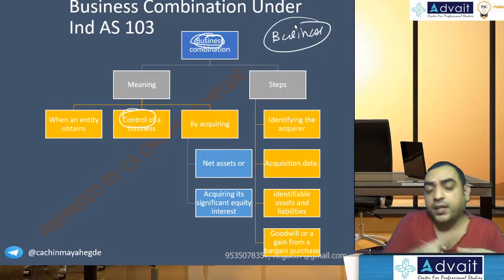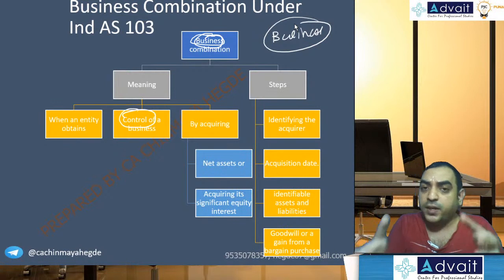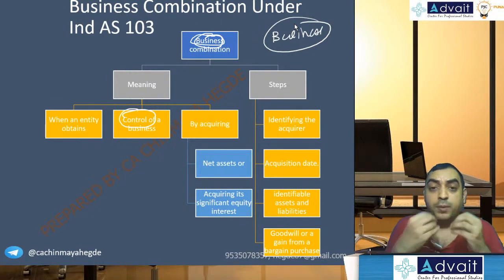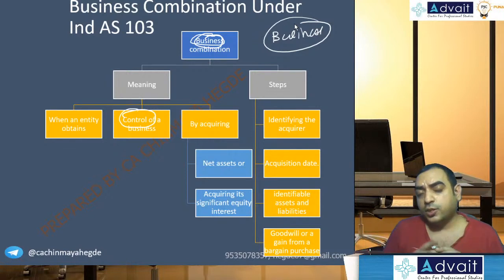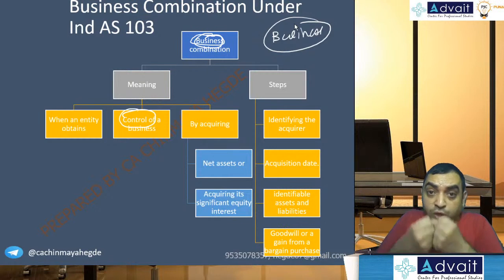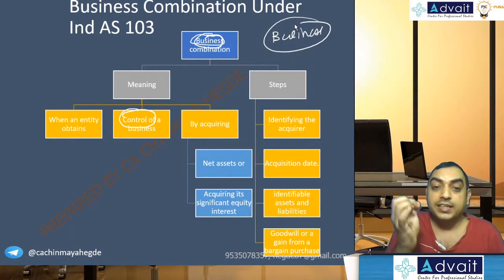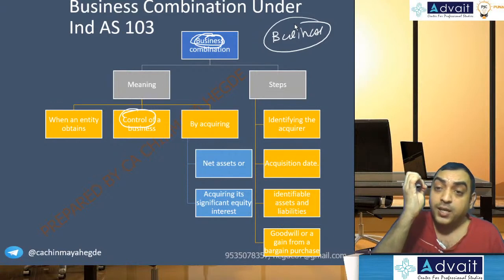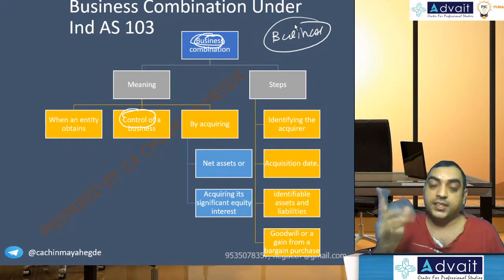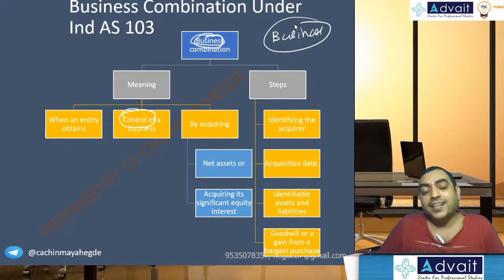It may be a department, a research and development department, a set of operations, a set of units, an outlet. No restrictions, as long as what you're acquiring is capable of generating profit on its own, without dependency, then that is called a business combination.